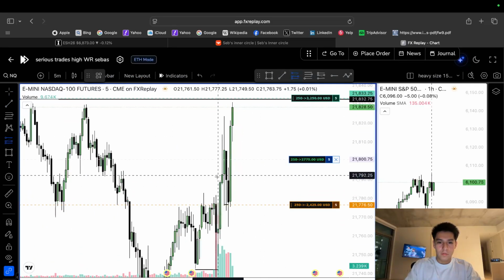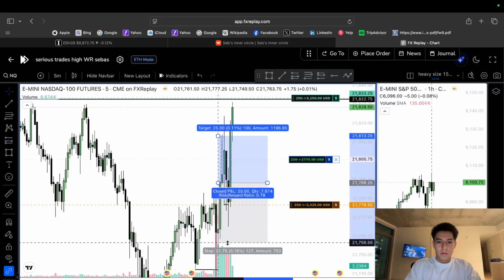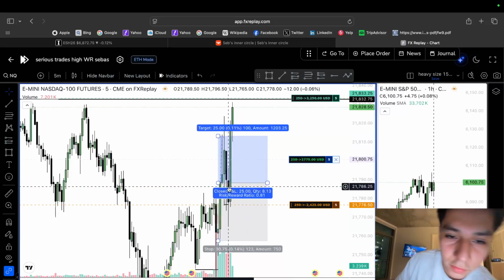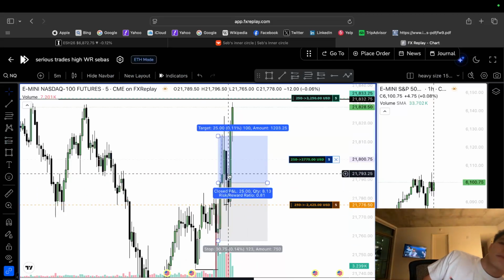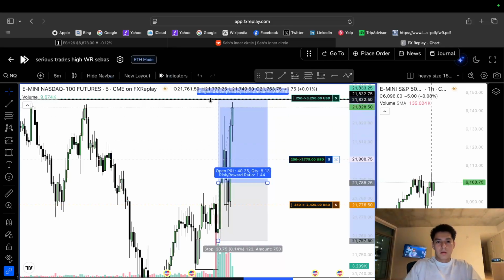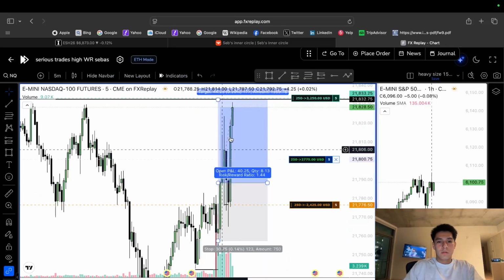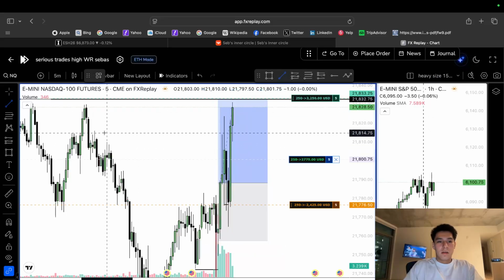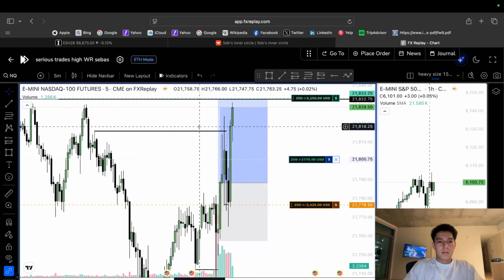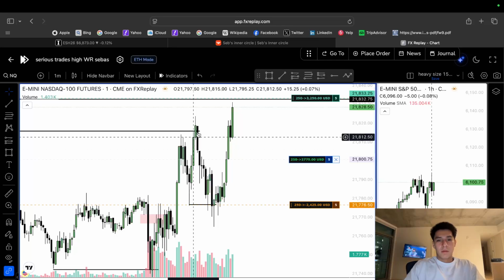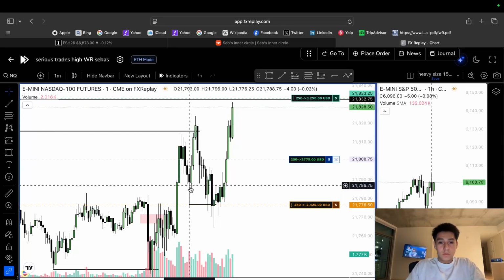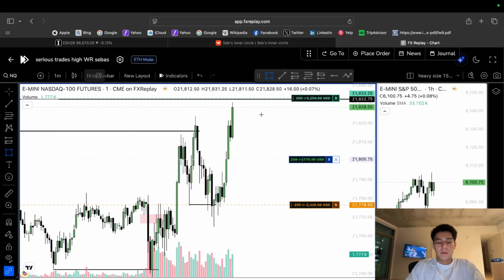We entered off of this 5 minute closure because we wanted to see this push us higher. My bad, my foot. We want to see us push higher here and then continue. I went break even because I wanted to see us flush up towards these highs pretty quick, but we rejected this and we came back down. Honestly, we're just messing around here, but it's okay.